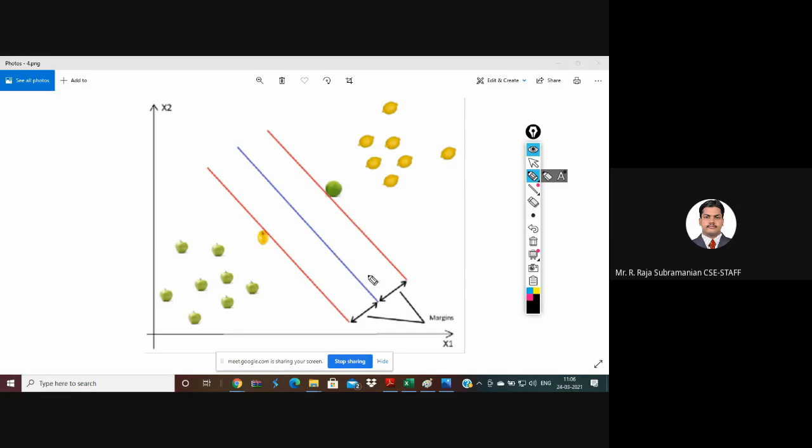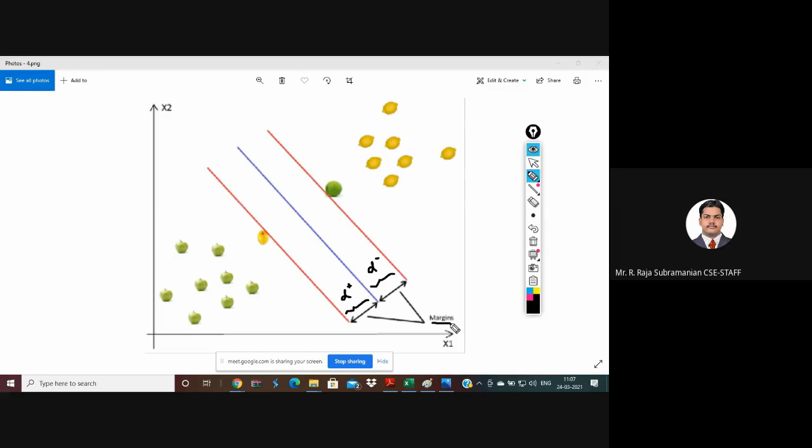Now I call this particular distance d negative, that is the distance towards the negative class. And this is d positive, that is the distance towards my positive class, say apple. The sum of these two distances, d positive to class 1 and d negative to class 2, I call the margin, the marginal distance.